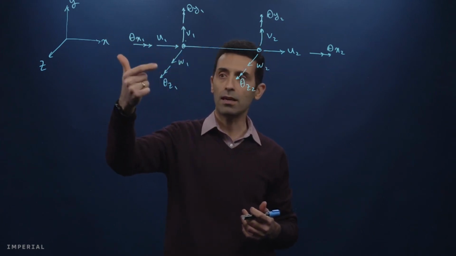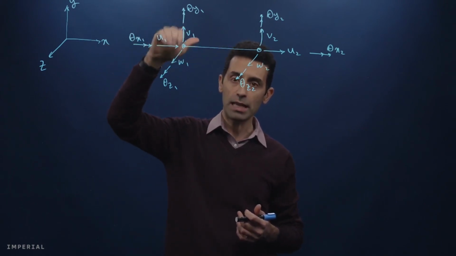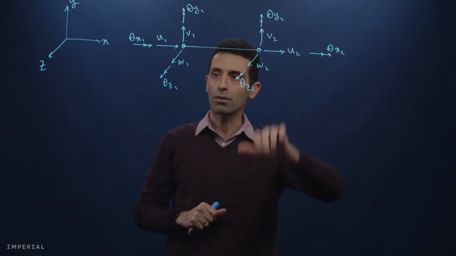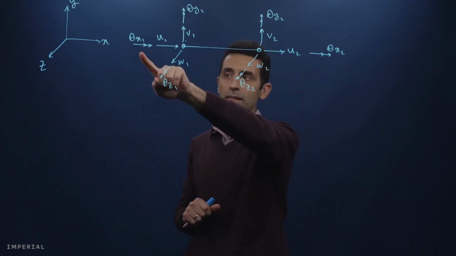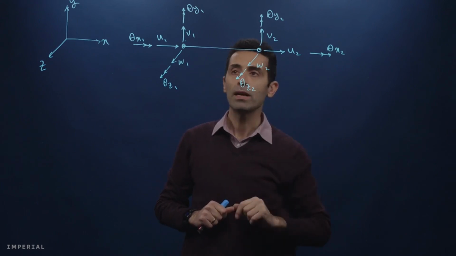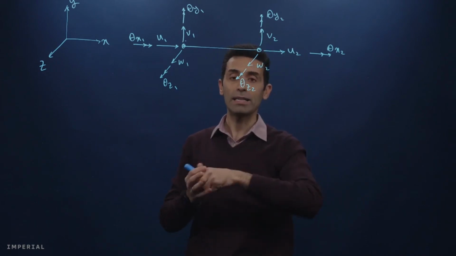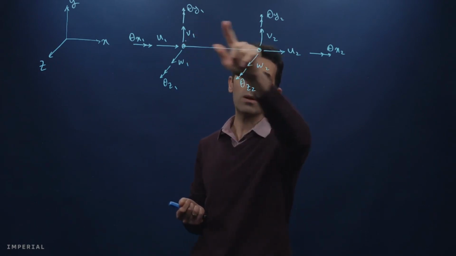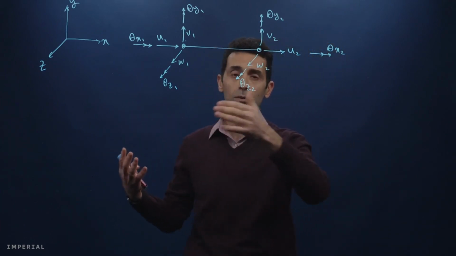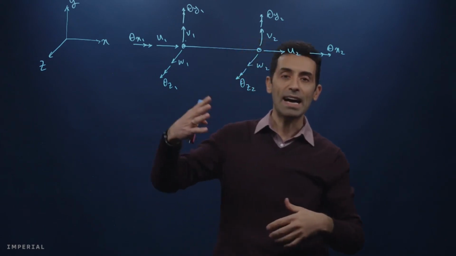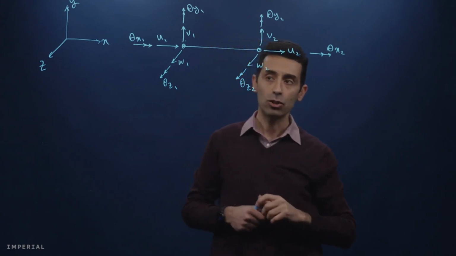We show rotations here by double arrows. You can see here theta x1, so that is rotation about the x-axis, right? So I should use the right-hand rule. So rotation about the x-axis, theta x1 and theta x2. And we have translation in y-axis, so you can see v1, v2, and as well rotations about the y-axis, so theta y1, theta y2, and then translations along the z-axis, w1, w2, and rotations about the z-axis, which is theta z1 and theta z2.